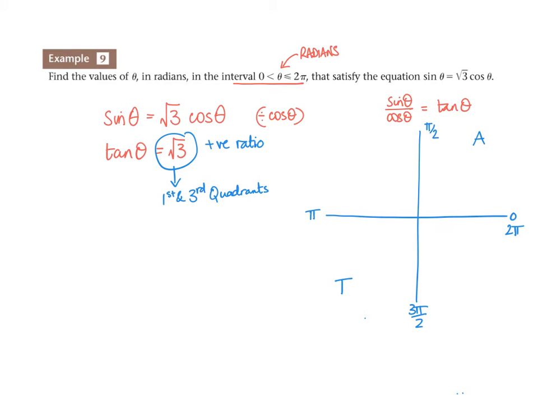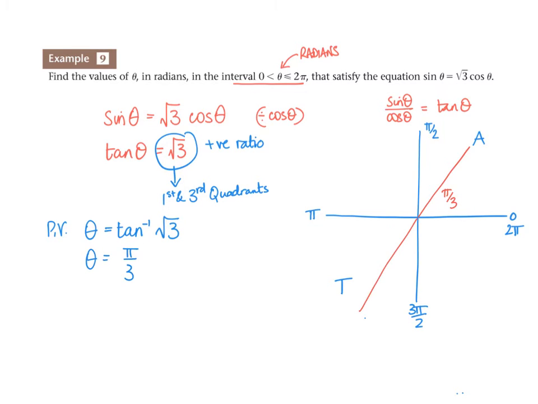So in radian mode on your calculator, to find theta, your principal value, theta is equal to the inverse tan of root 3. Your calculator will give theta as pi by 3. So on a diagram, pi by 3 is about there, it's about 60 degrees.